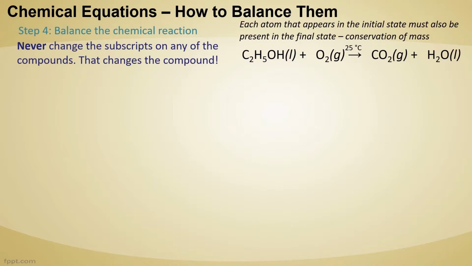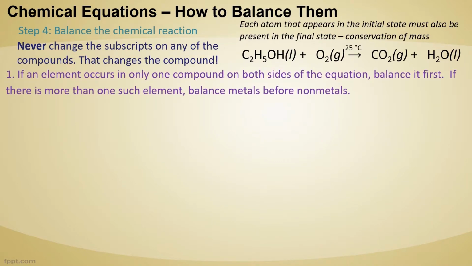The only values we will change to fix our balancing problem is the stoichiometric values in front of the compounds. Currently, even though it's not written, we can assume a 1 is present in front of all the compounds. So let's first list the rules for balancing reactions and then apply them to our example.